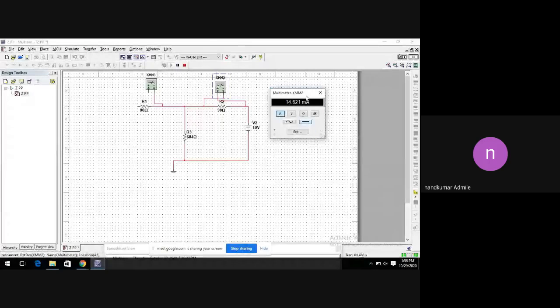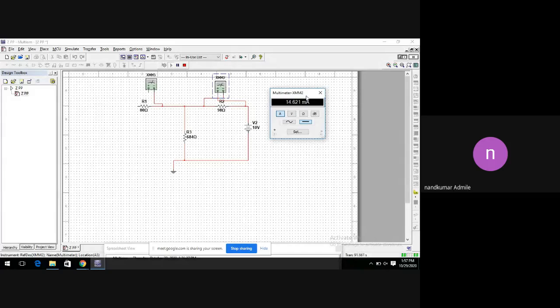Okay, so if it is possible to simulate in Multisim, you can simulate the various experiments in the Multisim software. So you can do the experiment. You can change the value of voltage. You can change the value of resistors. Then observe the effect on current: will it be constant or will it change?